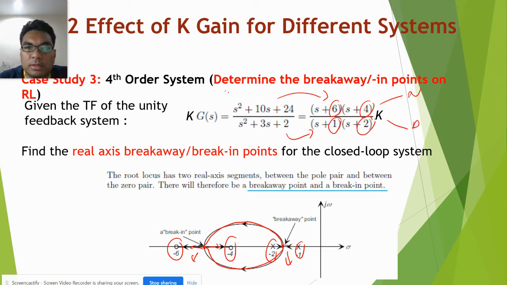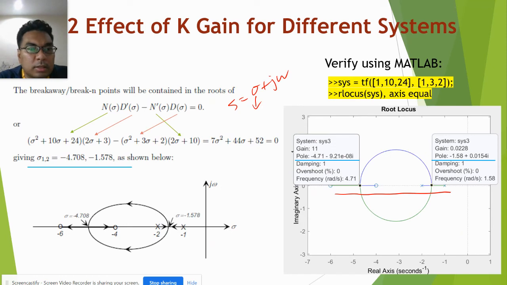You replace the s value with sigma. Then the numerator, the upper part, is multiplied by the differentiation of the denominator.